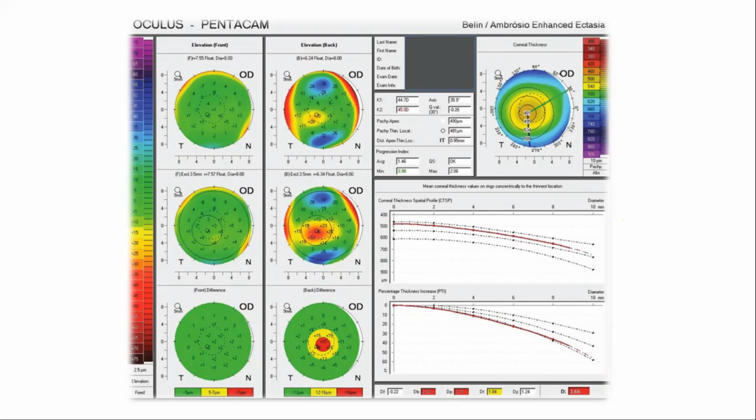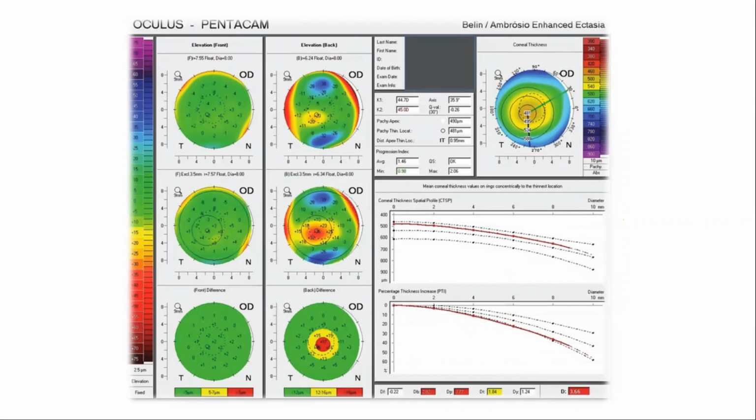Yellow areas indicate values of 6 to 12 microns for the front surface and 8 to 20 microns for the back surface, which indicates a suspect cornea. When you see red, if the anterior is greater than 12 microns and the posterior greater than 20 microns, it indicates a known case of keratoconus.